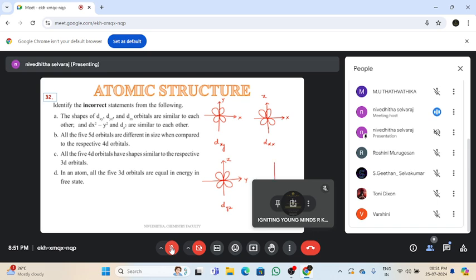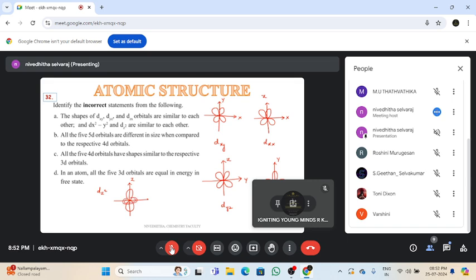But what is the shape of dx square minus y square? This is also a double dumbbell, right? This is the x-axis and this is the y-axis. Now the electron density is on the x-axis and y-axis. And what is the shape of dz square? Let us take this as the z-axis. The shape of dz square is a dumbbell shape with one donut shape.